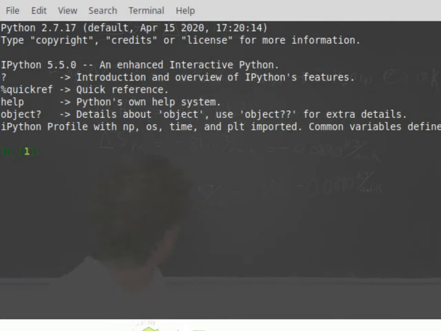Okay, so we have a negative 483.6 minus 298 times a negative 0.0890.